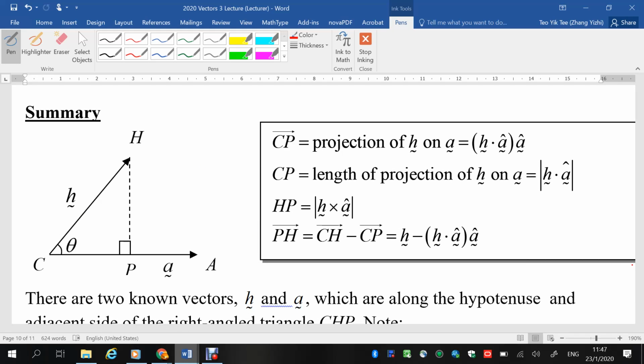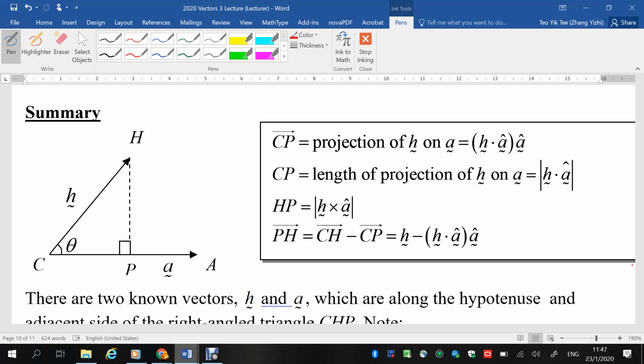If I want to find the length of CP, the formula comes from H dot A hat. If I want to find the length of HP, I use H cross A hat. So, second formula, third formula.